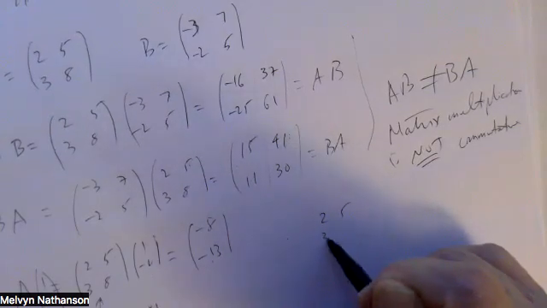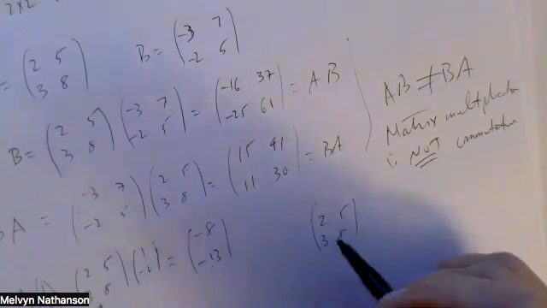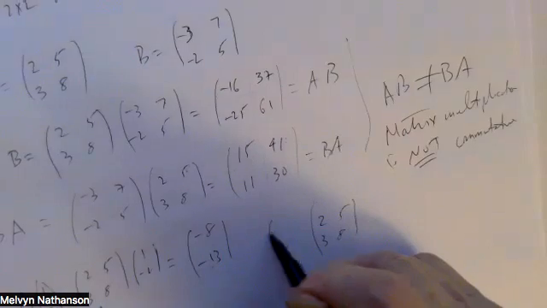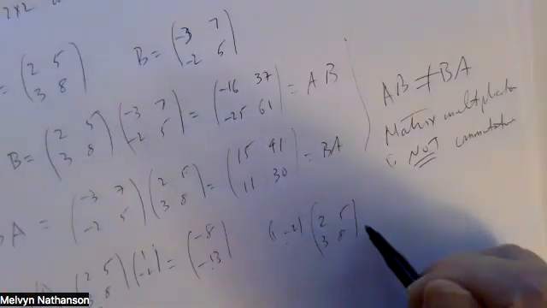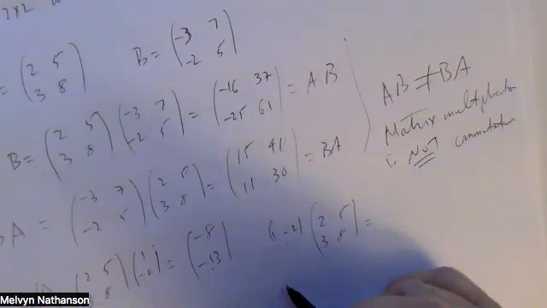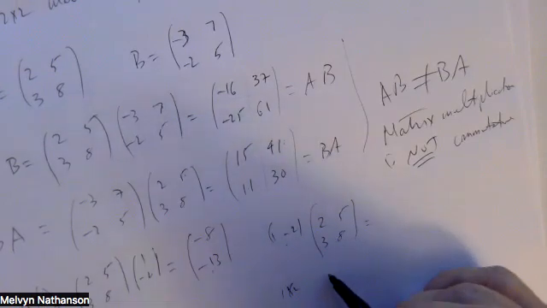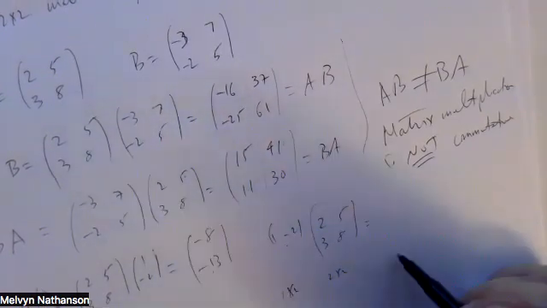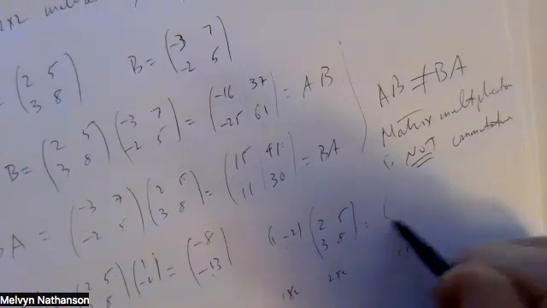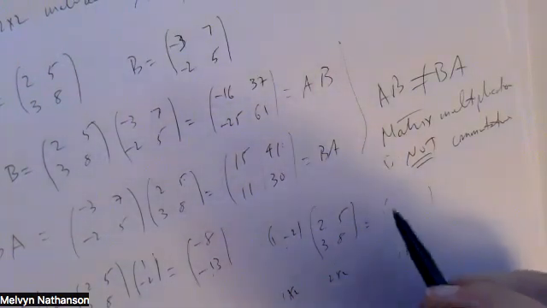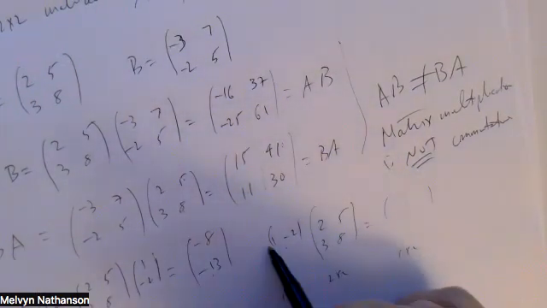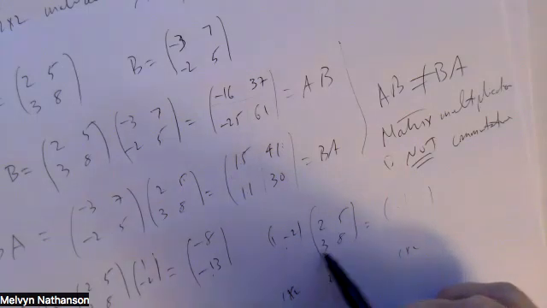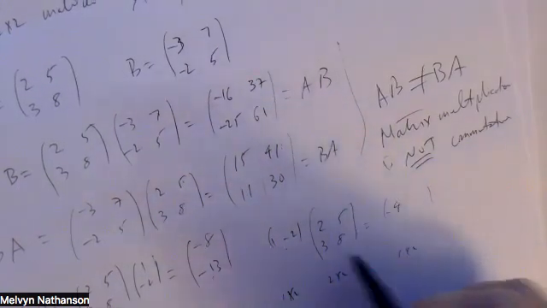Or if I take 2, 5, 3, 8, and I multiply it on the left by a row vector, say 1, minus 2. So this is a 1 by 2 matrix. This is a 2 by 2 matrix. The result will be a 1 by 2 matrix, something that looks like that. So first row, first column is 2 minus 6 is minus 4.